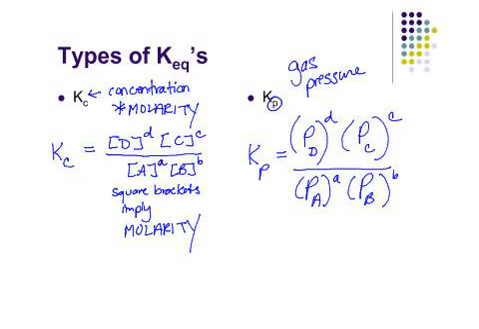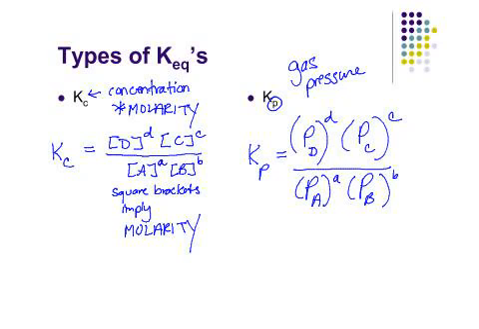So in some ways, these are very similar, but it turns out that for a particular system, the value you get for a Kc and the value you get for the Kp may not match. It depends on the reaction. And so one thing we need to be able to do is to go from a Kc to the value it would be for the Kp and vice versa. So I want to show you how to do that.